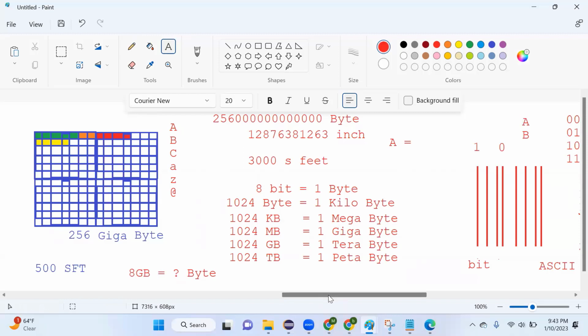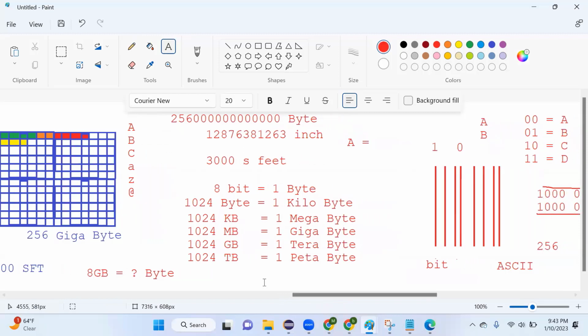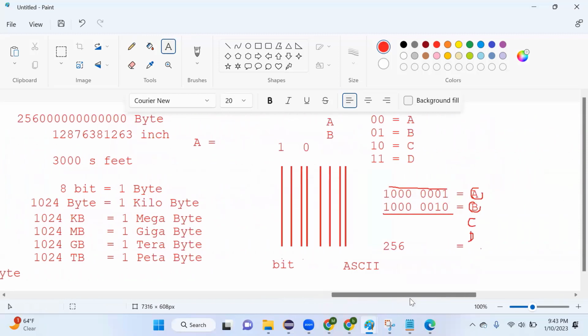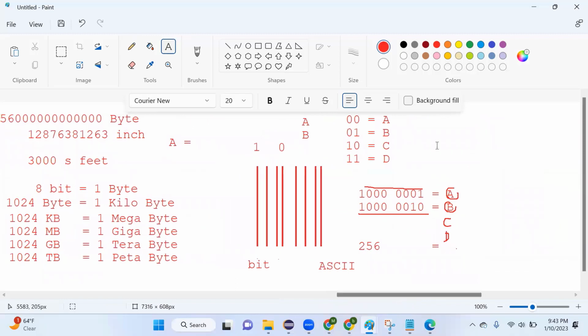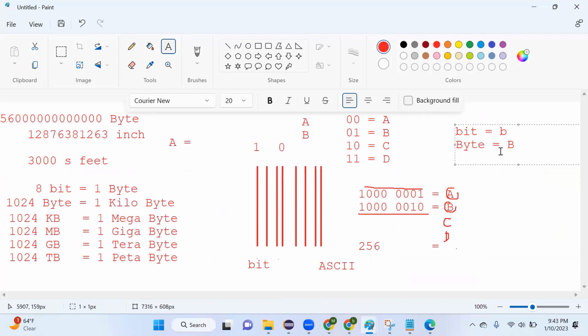And we always express bit in this way: bit is small b and byte is capital B. Suppose your offer is 32 Mbps, megabits per second.